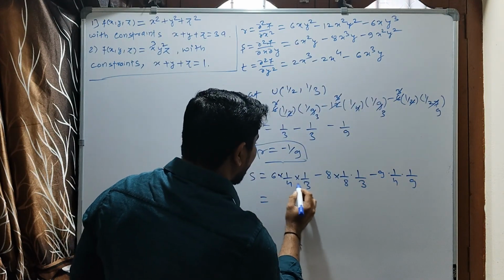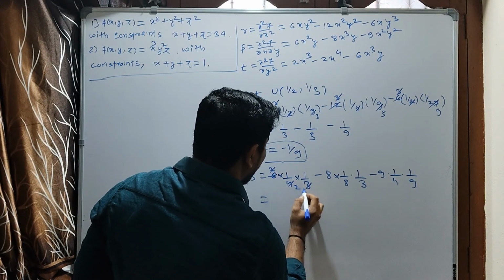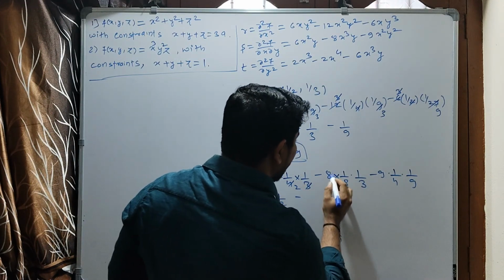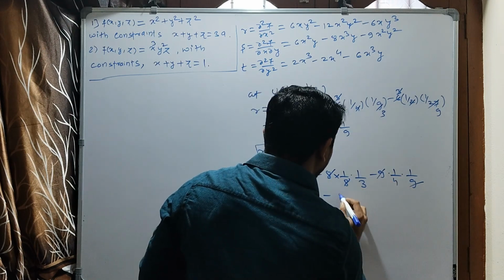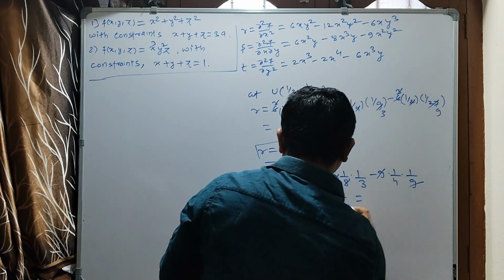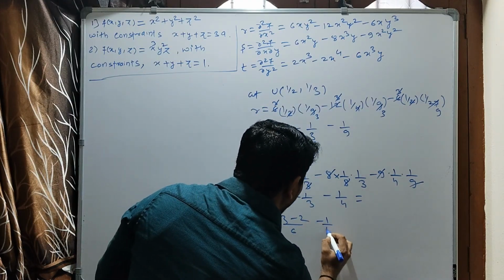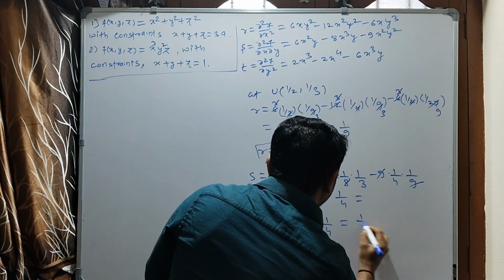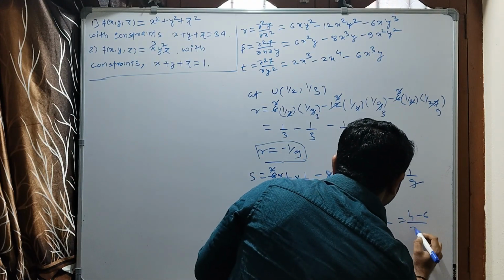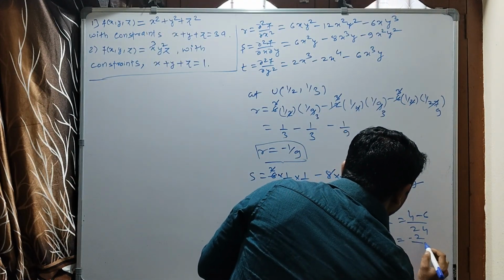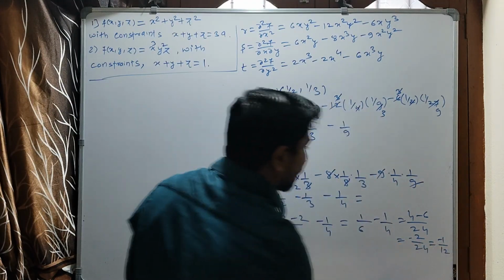So here 1 by 2 minus, 8 gets cancelled, 1 by 3 minus, 9 gets cancelled, 1 by 4, which is equal to 3 minus 2 by 6 minus 1 by 4, which is equal to 1 by 6 minus 1 by 4, which is equal to 4 minus 6 by 24.